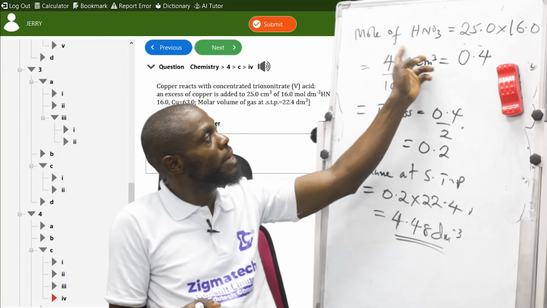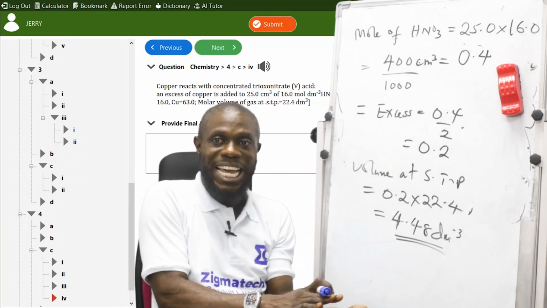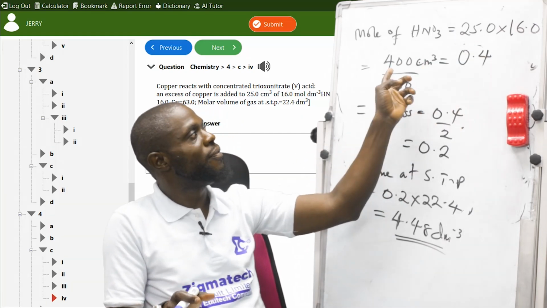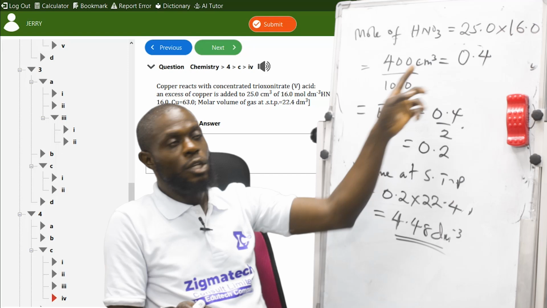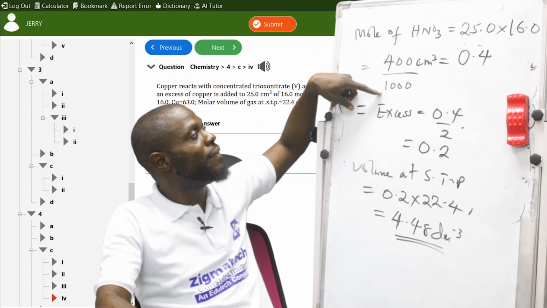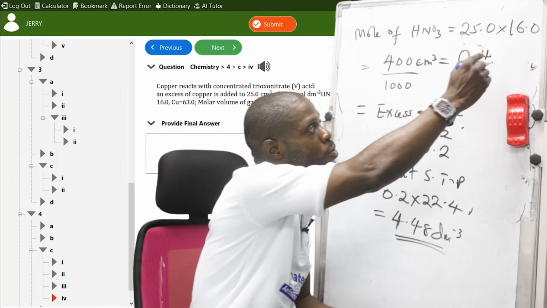So for me to get the mole, I must add that 25 that they added times the 16. It will give me 400 centimeter cube. So I change the 400 centimeter cube to decimeter cube, which is 400 divided by 1000. It gave us 0.4 decimeter cube.